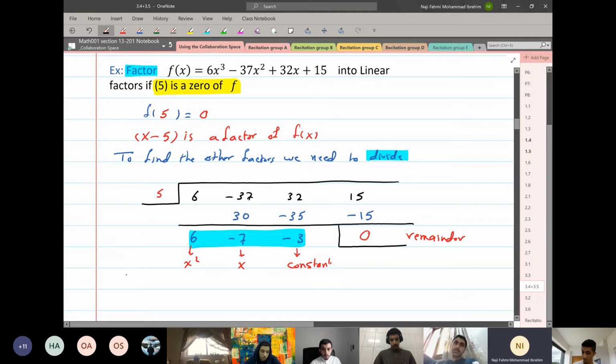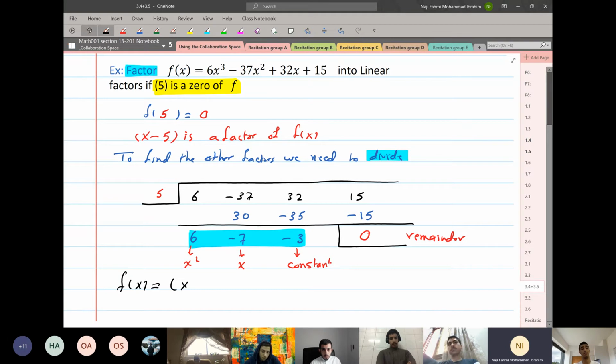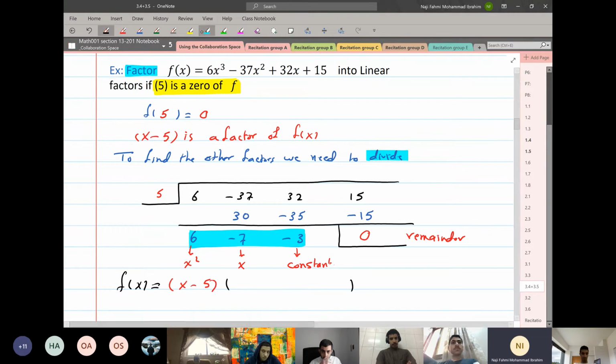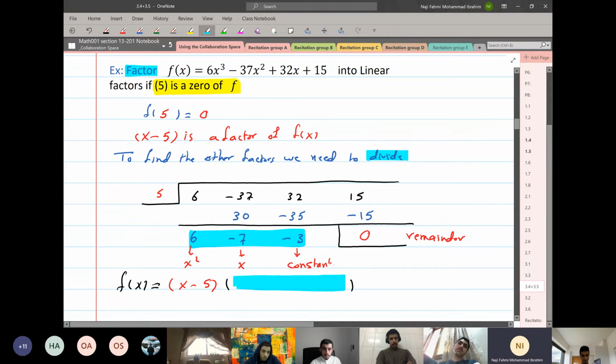Can I say that f of x is equal to x minus 5 multiplied by the blue part? What's the blue part now? It's 6x squared minus 7x minus 3. This is our other factor.